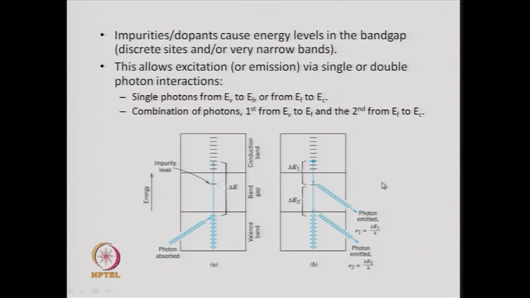And how did the impurity levels come? The impurity levels came because you took a solid and in that solid you have added some impurity atoms. So, you add a very small amount of impurity atoms. So, if you have a 100% solid, say you add 1% of some impurity material.